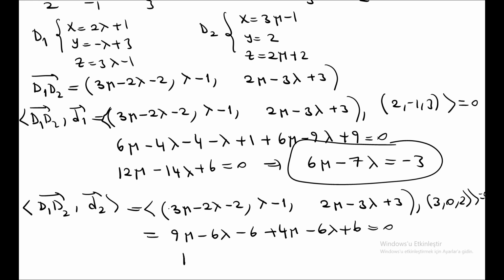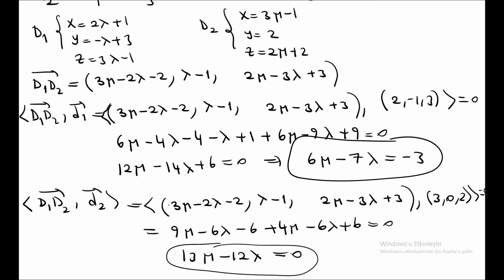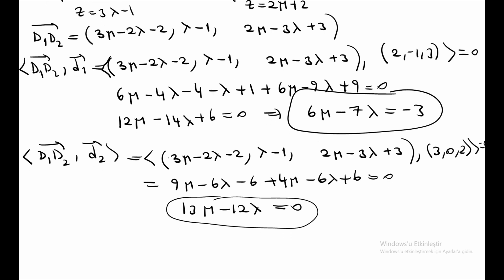So now 13 times mu minus 12 times lambda equals 0. So we have two equations.